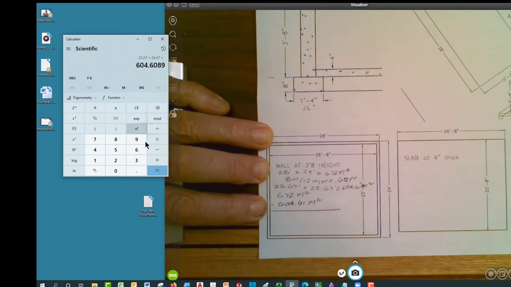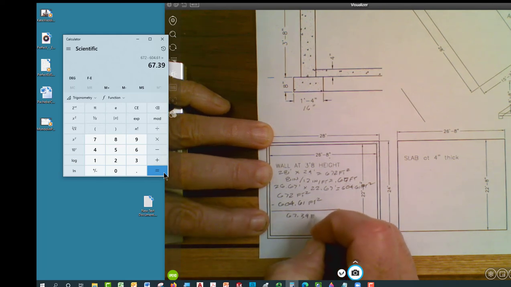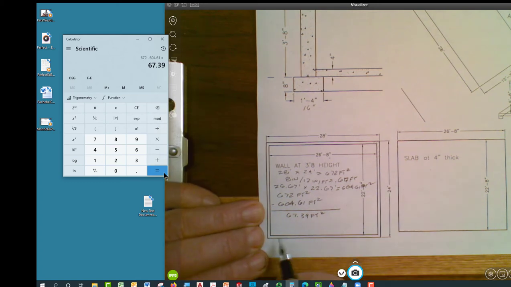So we'll come over here and do that. 672 minus 604.61, and that's going to equal 67.39 square feet. So that's the total square footage of the top surface of that wall.